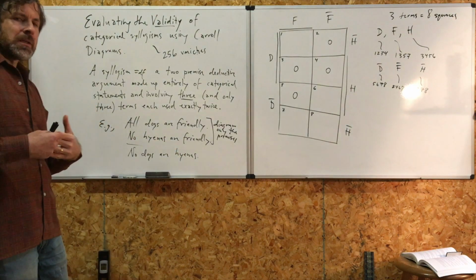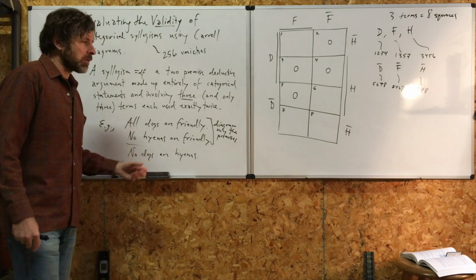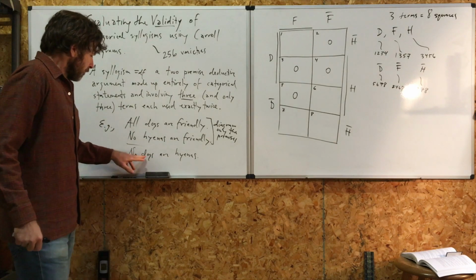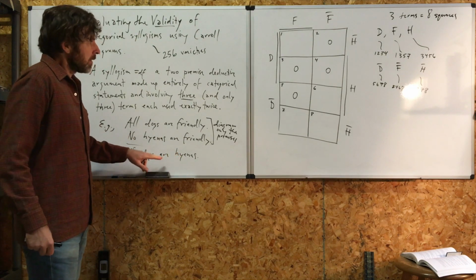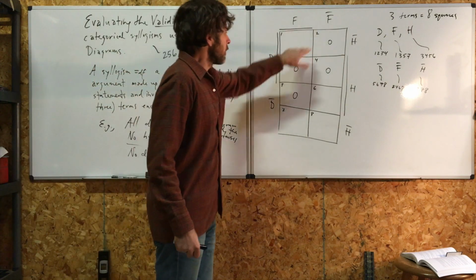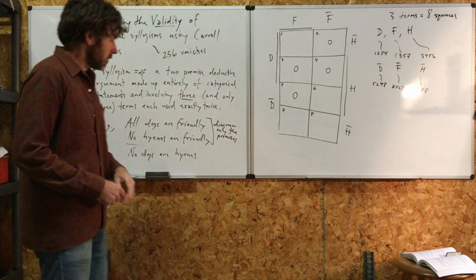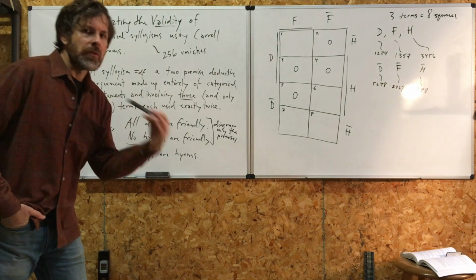Or does it leave the possibility open that some dogs are hyenas? So let's look at this. If no dogs were hyenas, you'd expect zeros in, let's see, dogs live in 1, 2, 3, 4. You'd expect zeros in 3 and 4, wouldn't you? You'd expect zeros there. And they are there.